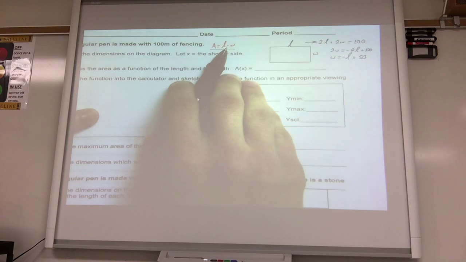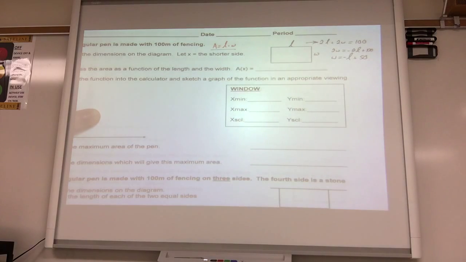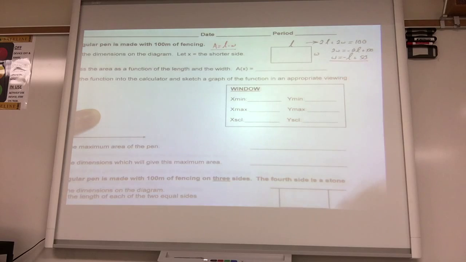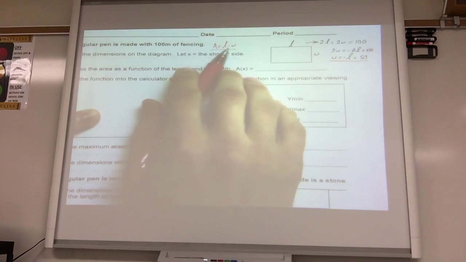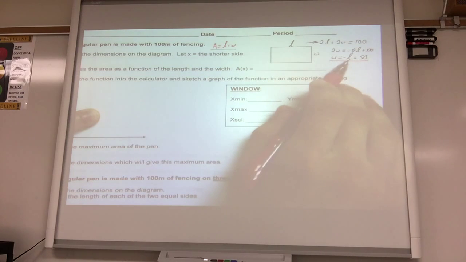So if I'm going to create a quadratic, then I'm going to use this idea right here. Width is negative L plus 50, and I'm going to plug it into this equation. So instead of writing W, I'm going to write negative L plus 50, because that's what W is.